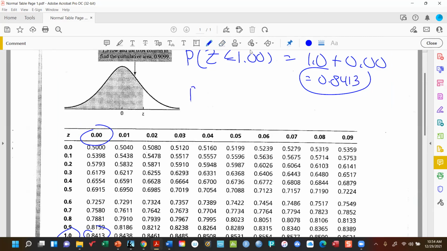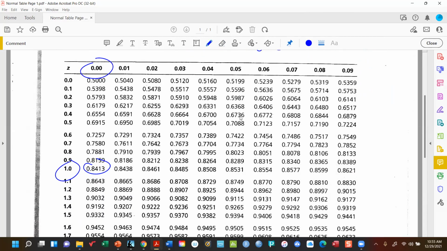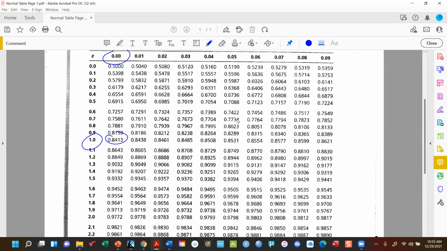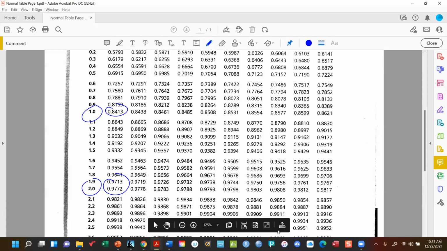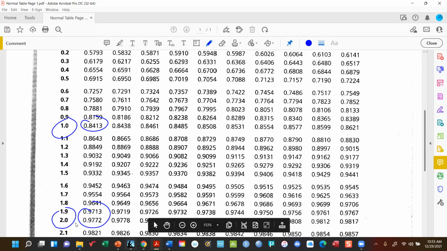Now for 2, it's 2.0 plus 0.00. So we scroll down a little further. It's way down here. 2.0 and 0.00 is right here. 0.9772.